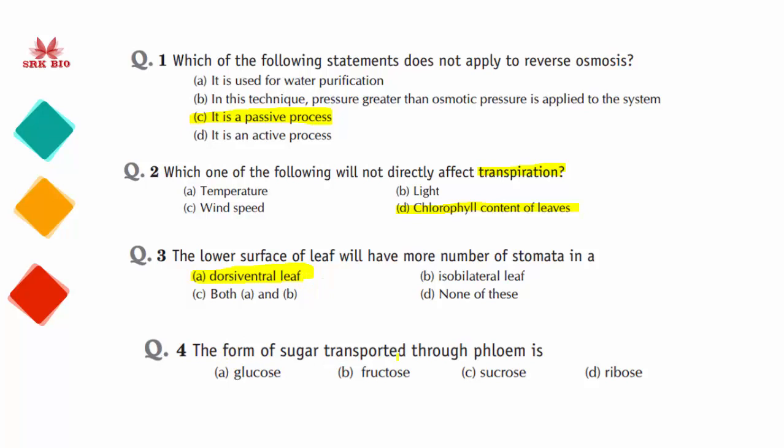The form of sugar transported through the phloem. Not necessary to think. When photosynthesis happens inside plants, what is made is sucrose. And sucrose is transported through the phloem. And remember, this is the most non-reactive form of the carbohydrate. It is a completely inactive form of the carbohydrate. It is a disaccharide. It is made up of 2 glucose units.